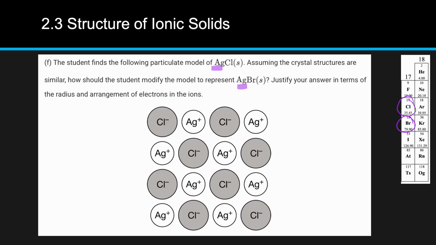However, bromine is going to be larger because bromine has electrons in 4 energy levels, while chlorine only has electrons in 3 energy levels. So because bromine has more energy levels or electron shells, it's going to have a larger radius. So if you were to redraw this for AgBr, it's going to look very similar. It's just that in place of the chlorine ions are going to be slightly larger bromine ions.